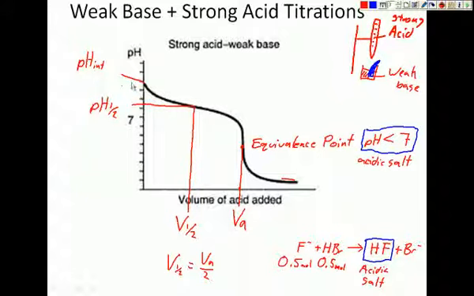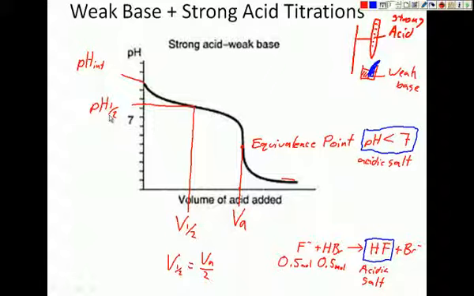It is the pH before any acid is added. pH half comes directly from where V half is on the graph. So V half is right here, and you just go to the y-axis and find out where pH half is. That's how you find pH half, straight from this graph.